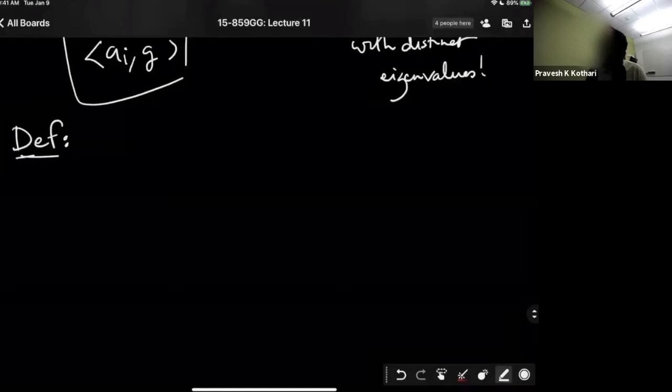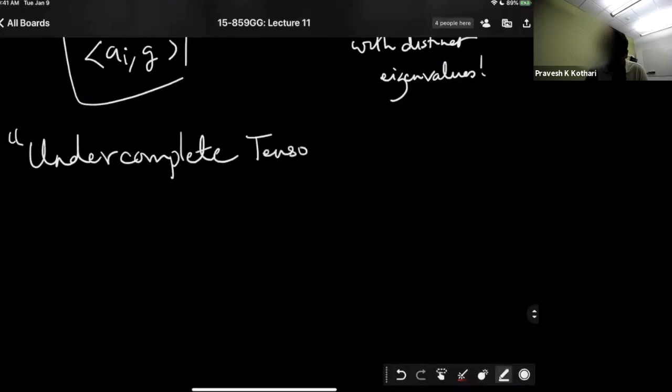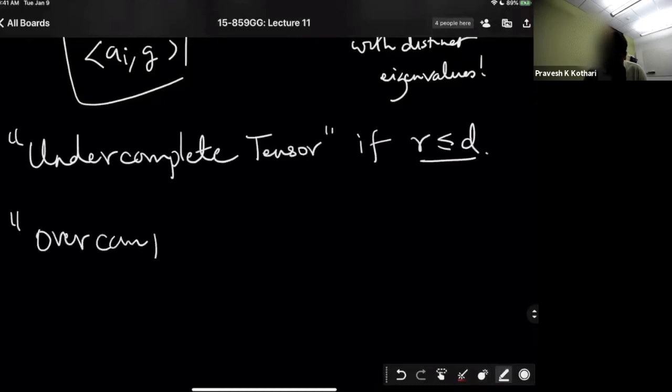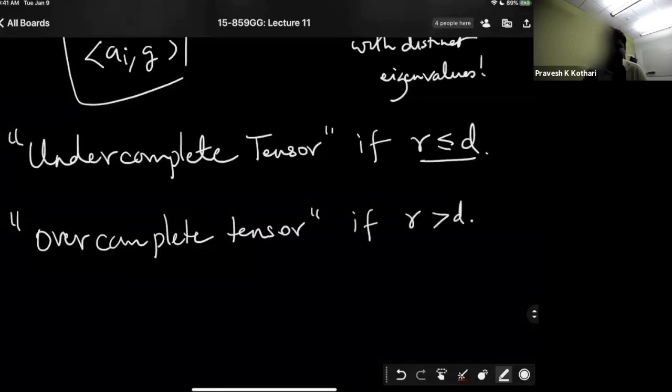We call a tensor undercomplete if R is at most dimension D. And if the number of components exceeds the dimension, we call it overcomplete.